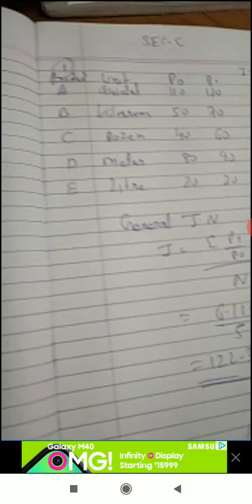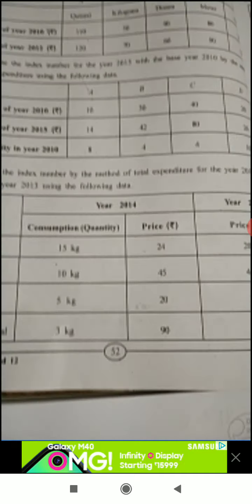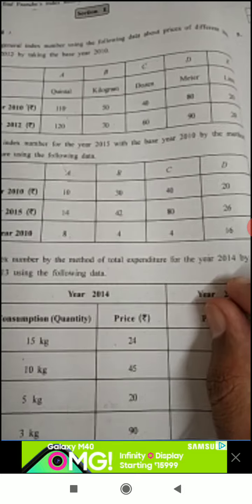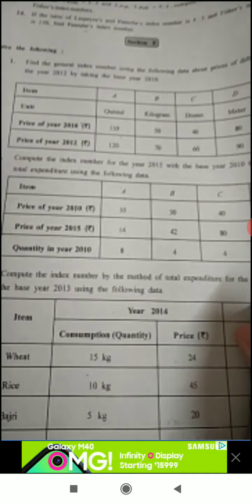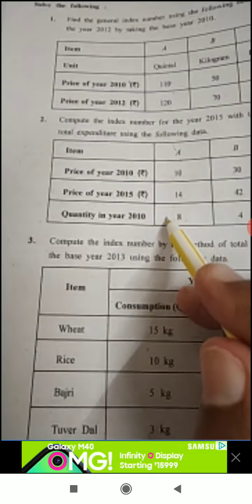So now next question, that is question number 2, okay. Compute the index number for the year 2015 with the base year 2010 by the method of total expenditure using the following data. So you have to find here the total expenditure method.